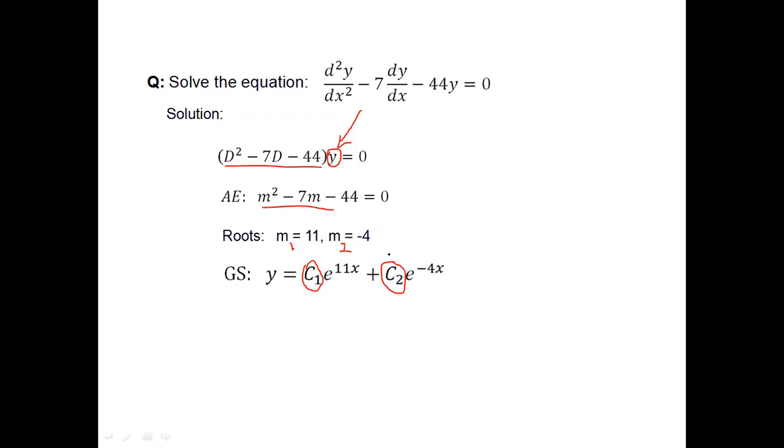I think when we just started the topic on differential equations, you must have noticed that for the arbitrary constant of integration, we were using k. So there's no harm in you using k here as well. It's just one and the same thing.